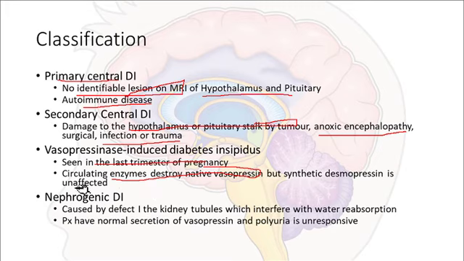And the other one we'll talk about is nephrogenic diabetes insipidus, caused by a defect in the kidney tubules which interferes with water reabsorption. Patients may have normal secreting levels of vasopressin or ADH, but have polyuria which is unresponsive.